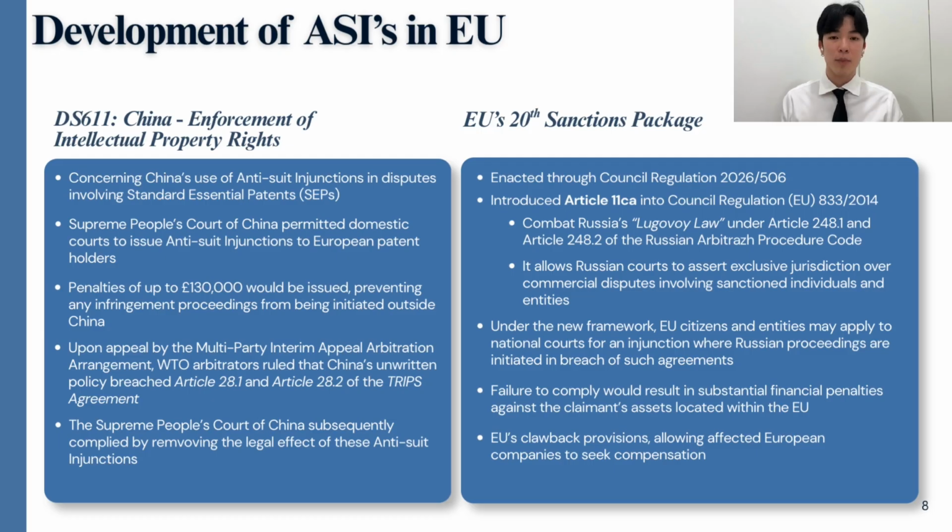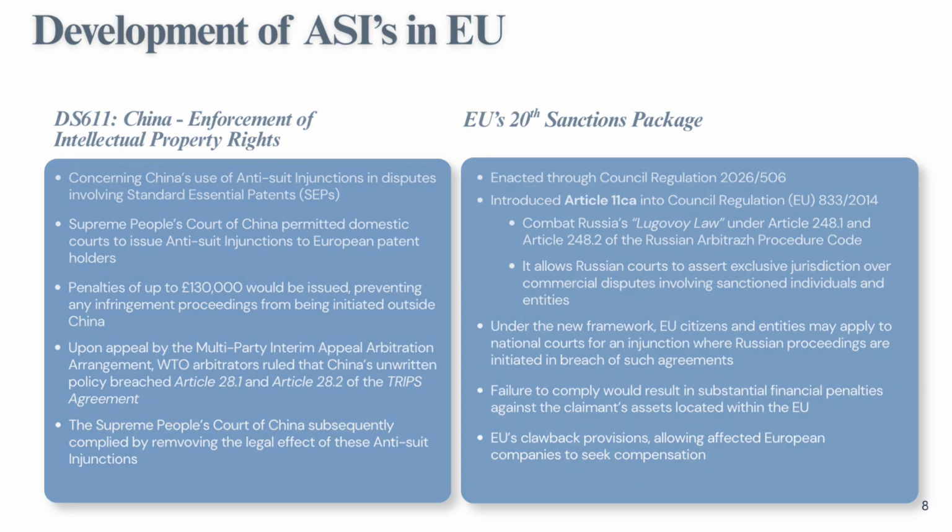China subsequently complied by issuing a Supreme People's Court notice removing the legal effect of these global anti-suit injunctions. Although the EU Commission has welcomed this development, it continues to monitor Chinese judicial practices and is pursuing a separate WTO dispute, DS632, concerning the unilateral setting of global patent royalty rates by Chinese courts.